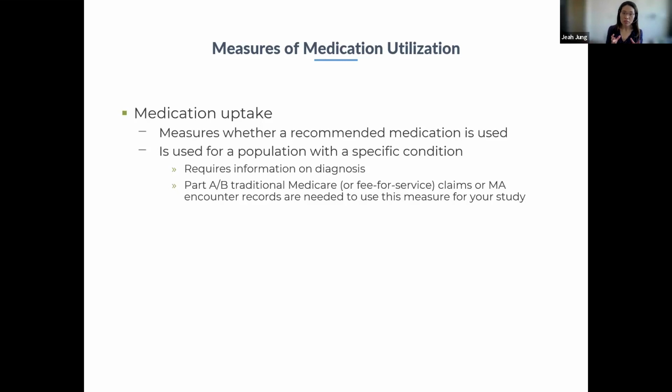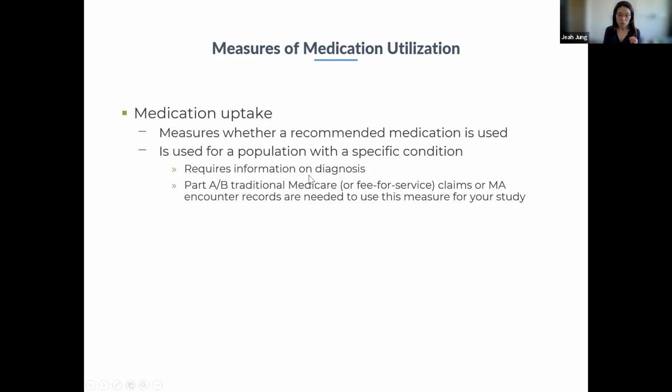But in order to use these uptake measures, oftentimes you need to specify your sample as a population with a specific condition, because that's how we can identify recommended medication, right? So if you have diabetes, my study population is patients with diabetes, and I want to know what percent of patients are actually taking any anti-diabetic medication, right? So this is one measure.